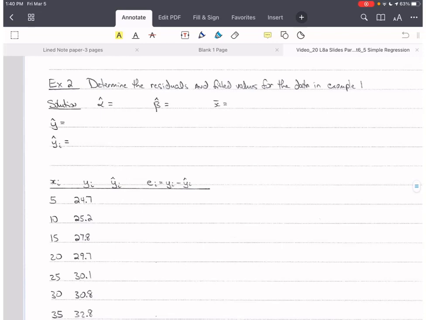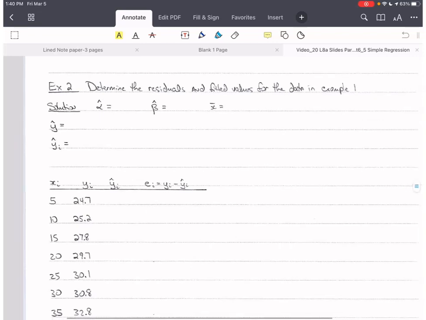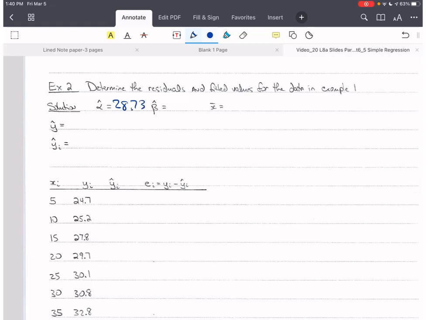So, little error there. 28.73, 0.27, 20, 28.73 plus 0.27 times x minus x bar. Same thing with the i for x, xi minus x bar.